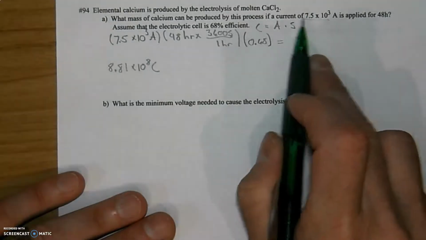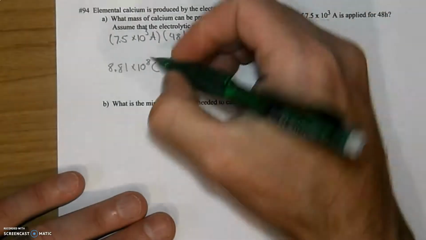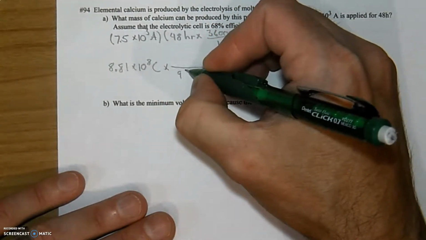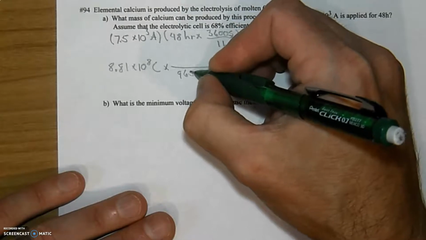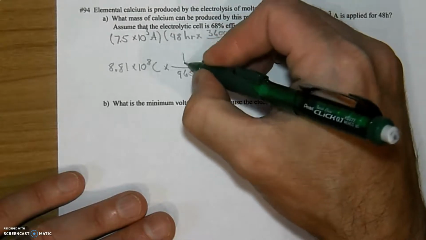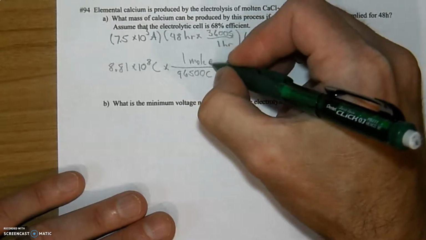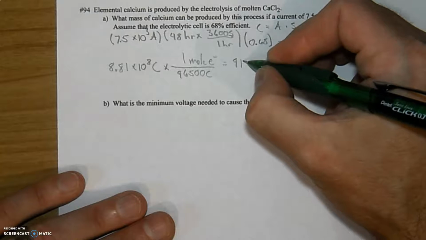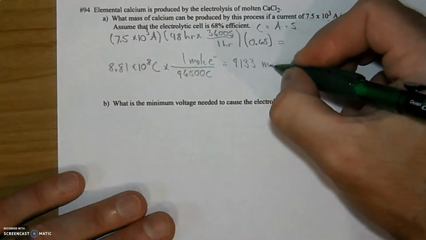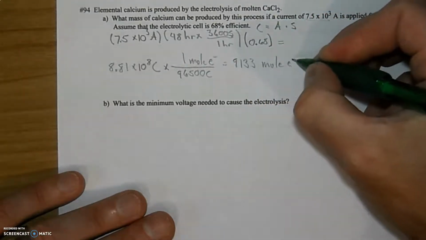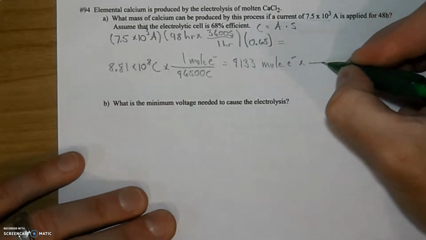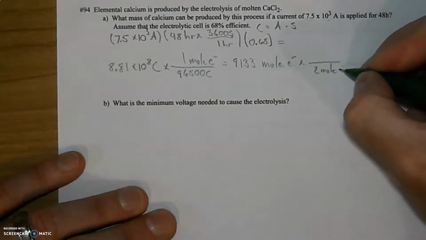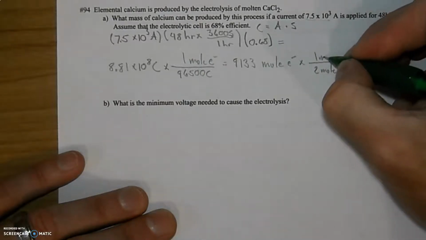And again, looking for an answer in charge. If I take this value, multiply times Faraday's constant, roughly 96,500 coulombs per 1 mole of electrons, the answer I will get is 9,133 moles of electrons. And if I'm focusing on calcium, it's 2 moles of electrons for every 1 mole of calcium.